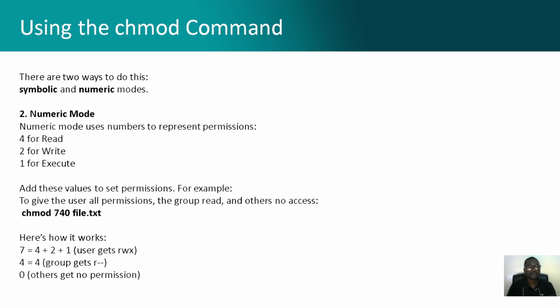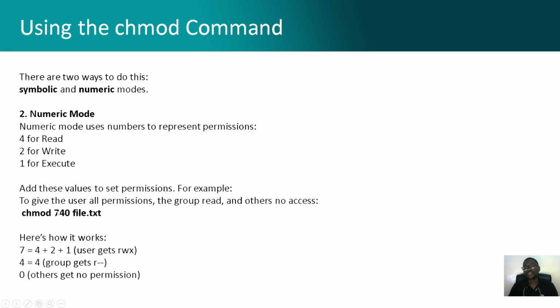Here is a quick example of how we would specify permissions on a file. I would specify chmod 740, meaning we have read, write and execute to make up 7. That's where that 7 is coming from. Then 4 is only read. Then for the other group, we have 0, meaning they have no access.